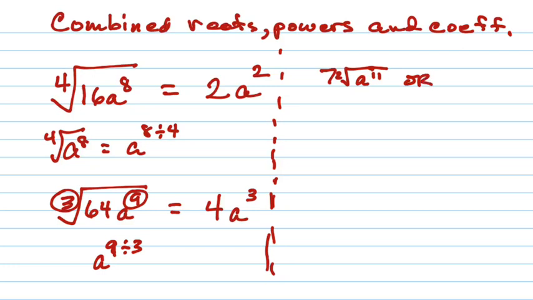Or they turned it into a fraction. That was one of the options. They're being nice to you. I like that way better. Okay? So if you can take the root, they're expecting you to.